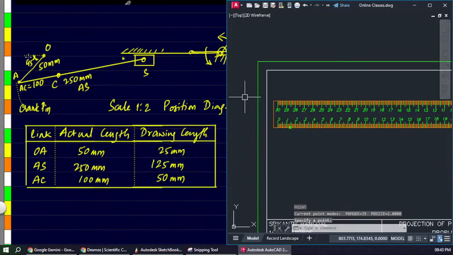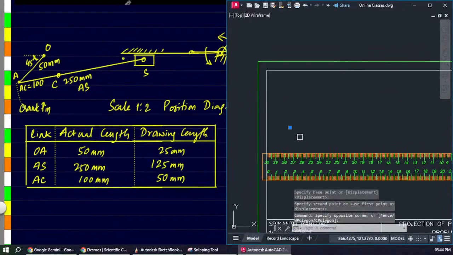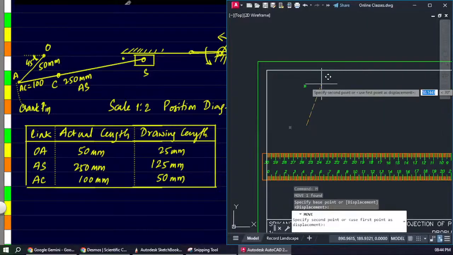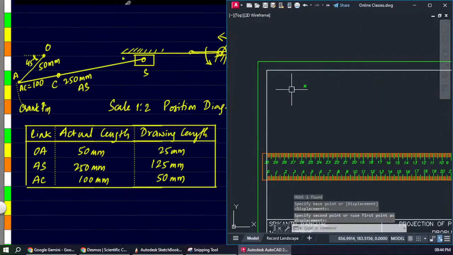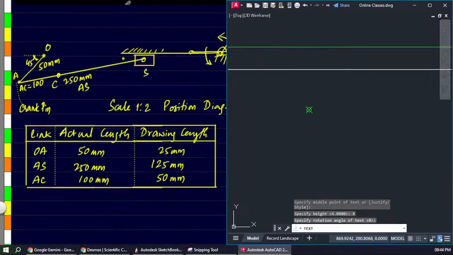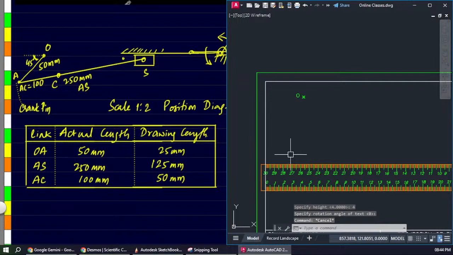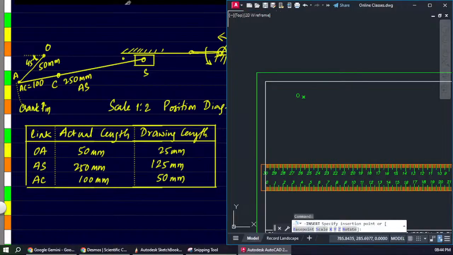Since you can see all the position diagram is on the bottom side, we can just take this point at the top, and let's name it as the point O. Because this is the position diagram, we'll have to name all the points with capital letters. Next we will have to use our protractor.